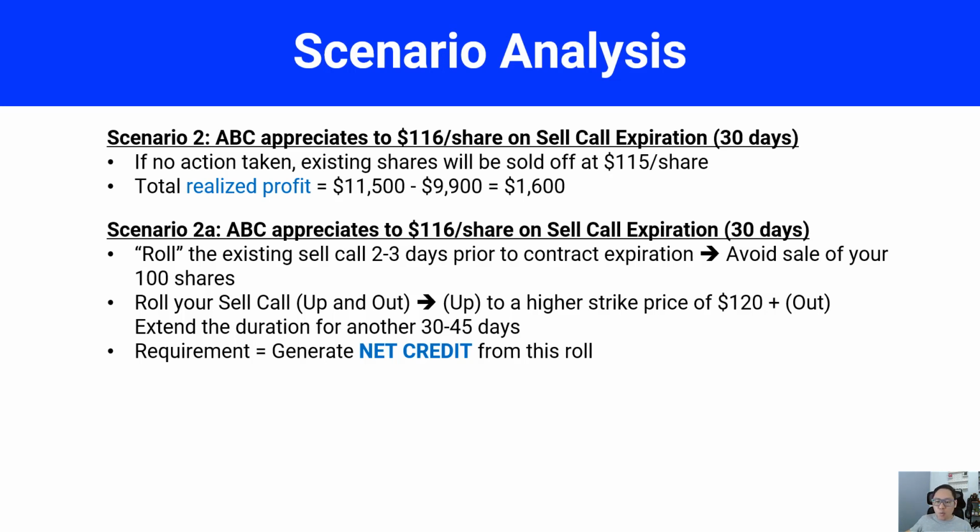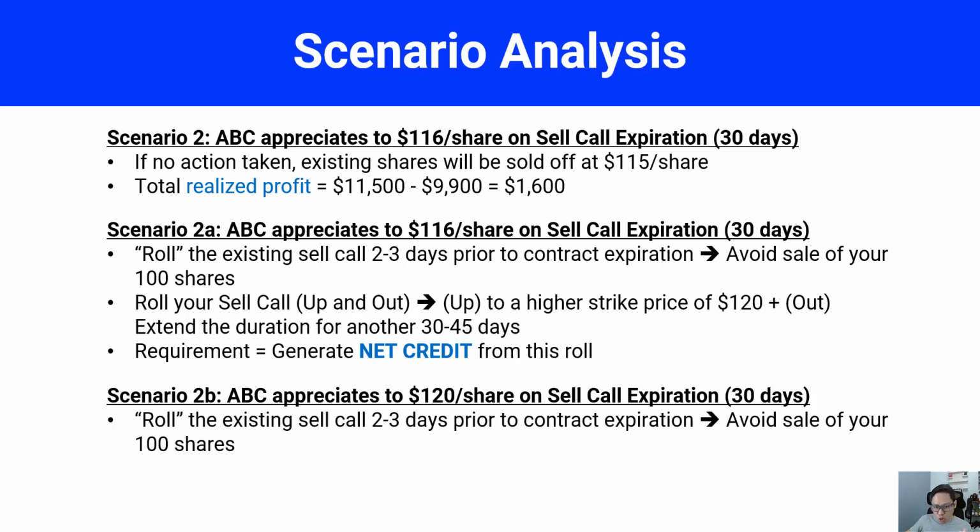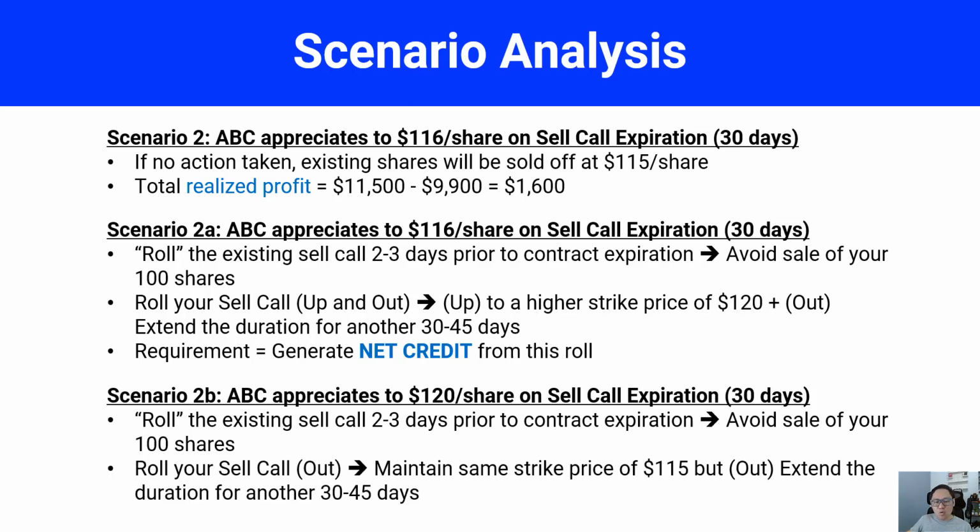If this roll requires an outlay, then let's take a look at this scenario where the price ends at $120, which is quite a bit higher than your original strike price of $115. Now, you still wish to hold onto your stock and hence decide to continue rolling your sell call. However, this time round, you are not able to shift the strike price higher to increase your underlying share profits potential.